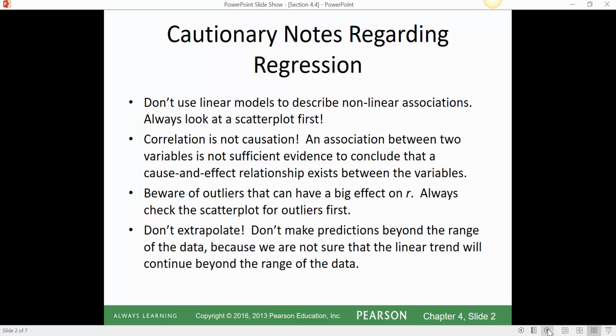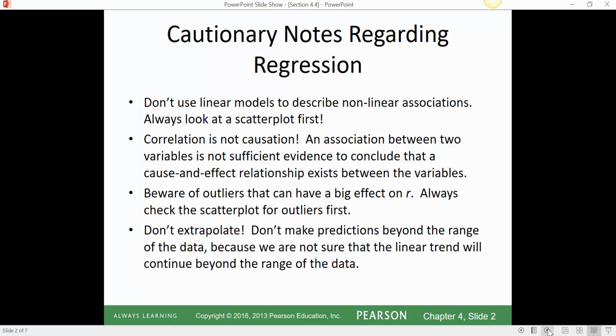Extrapolation is where you're going outside of your data set, either below your data or bigger than your data values. Interpolation is where you're in between data values. Extrapolation can be very dangerous.